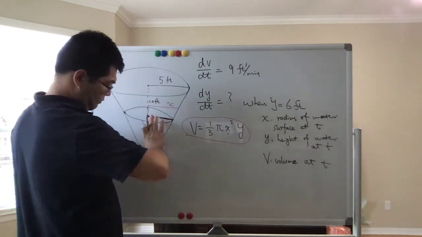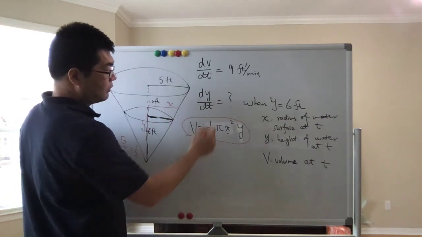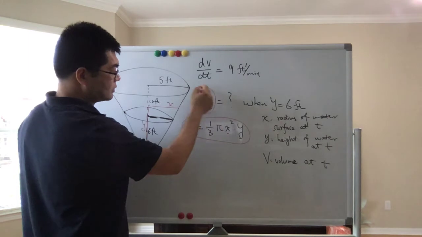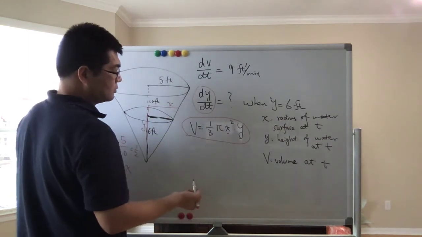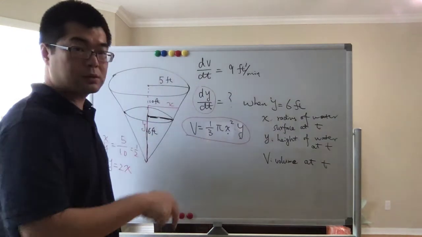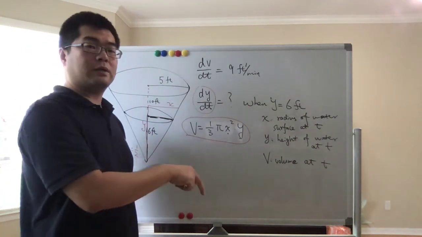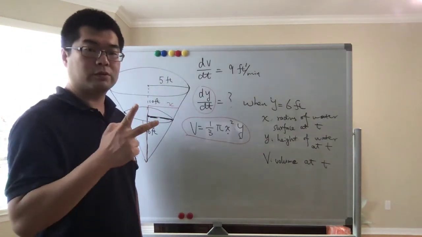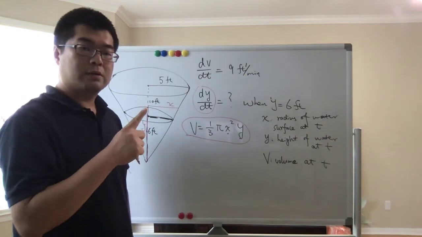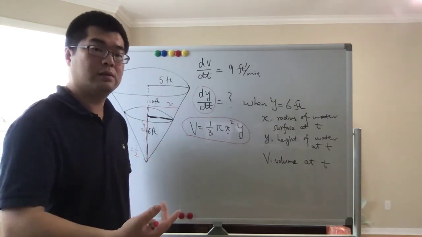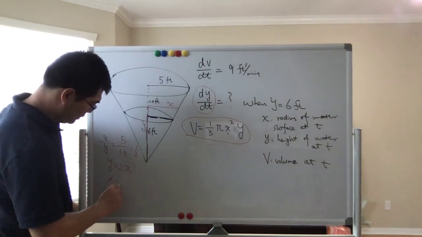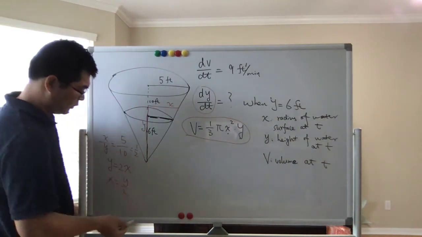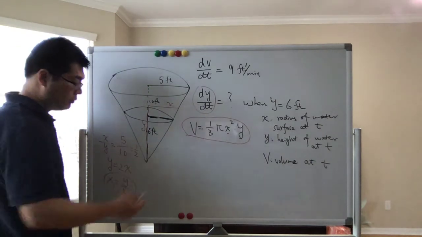We are interested in dy/dt, so one thing I can do is reduce the right-hand side of the equation from 2 variables into 1 variable. Since we are interested in the height, we can set x equals y/2 and make one substitution.